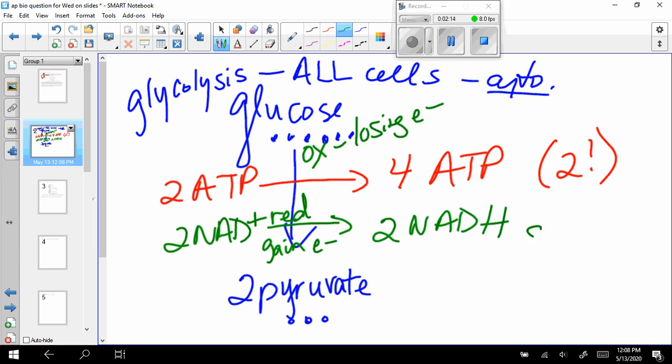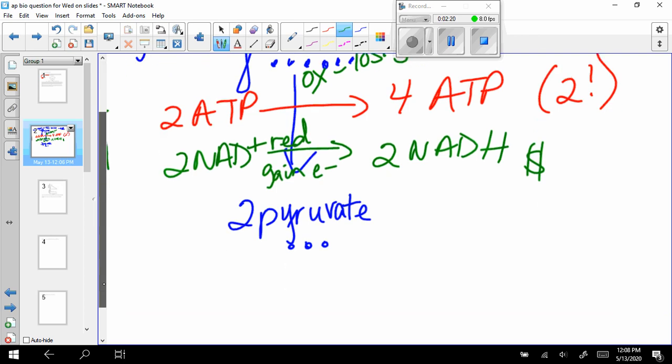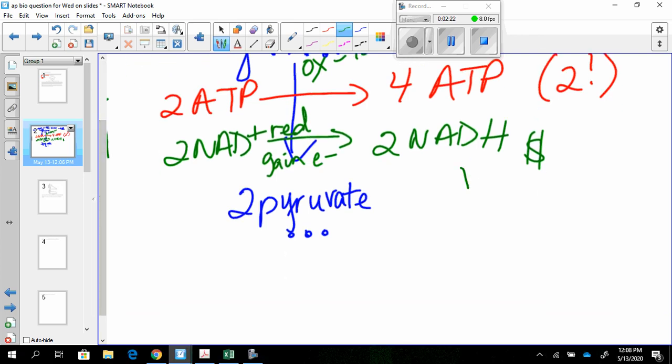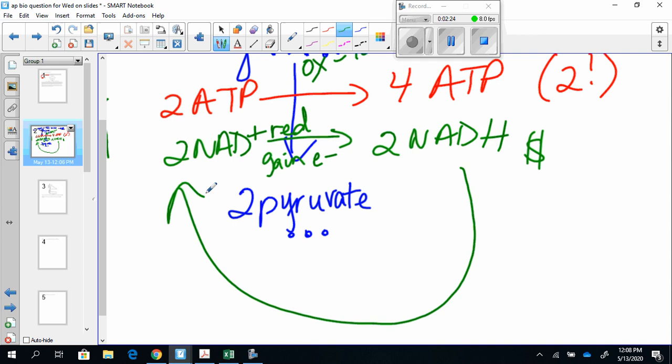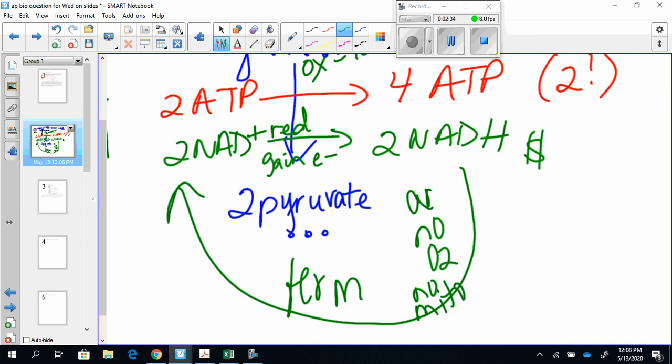All right, and then NADH, which I call my cash money, now has 2 possibilities of what could happen to it. So you could either do this possibility, which is fermentation. If there's no oxygen available or no mitochondria available, you have to do anaerobic cellular respiration.